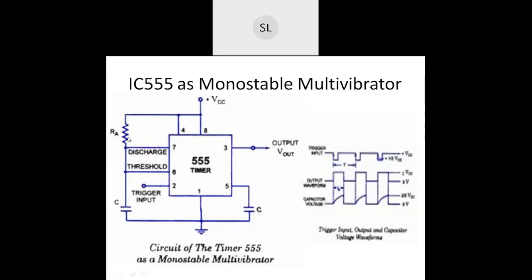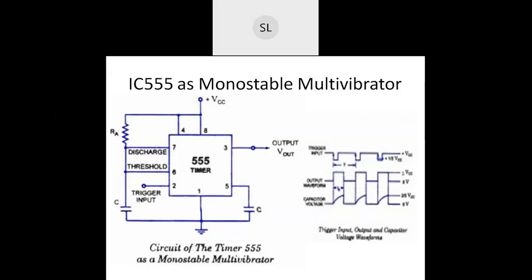When the voltage across the capacitor is equal to 2/3 VCC, the output of the upper comparator will switch from low to high, which will in turn drive the output to its low state via the output of the flip flop. That is, whenever this capacitor is charged to 2/3 VCC, what will happen? The output of this timer will be low.